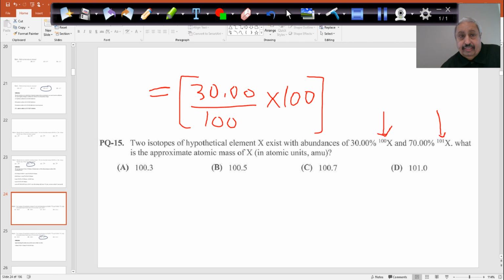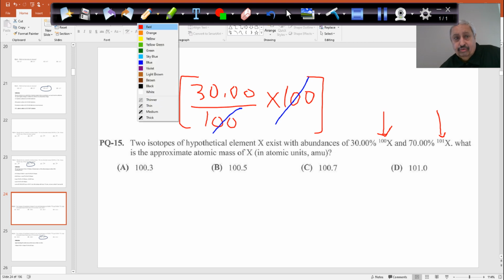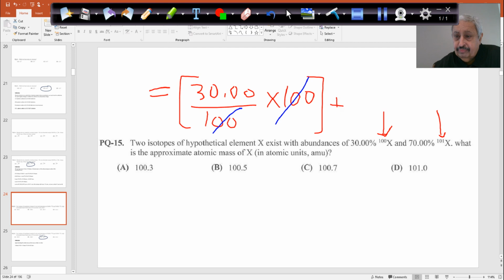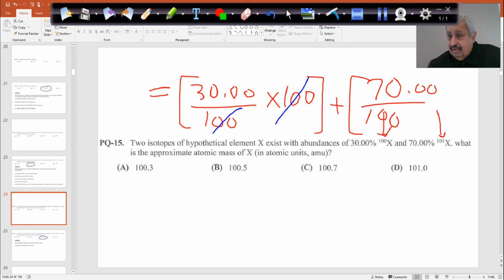Therefore, the hundreds cancel out. That's the first isotope. The second isotope is 70 over 100, multiplied by 101.